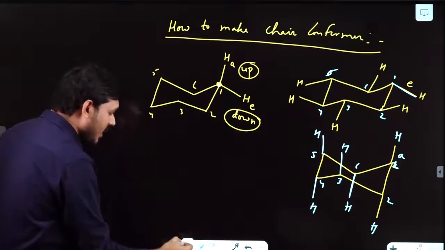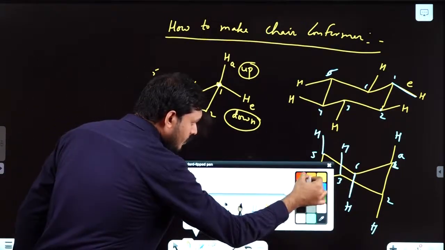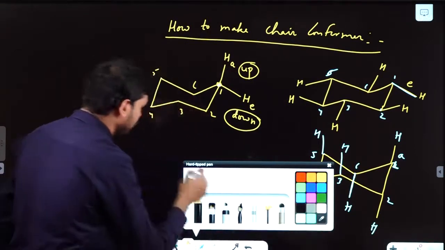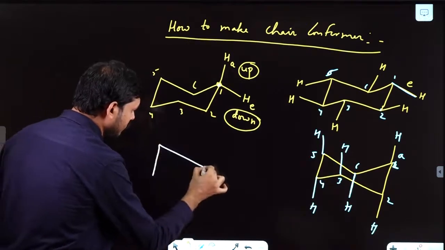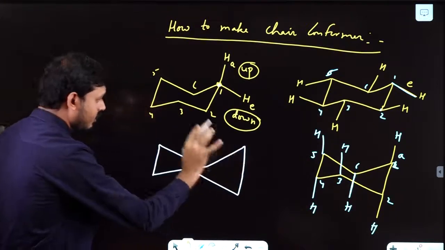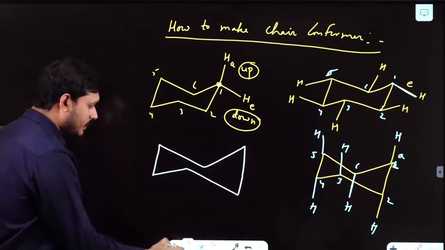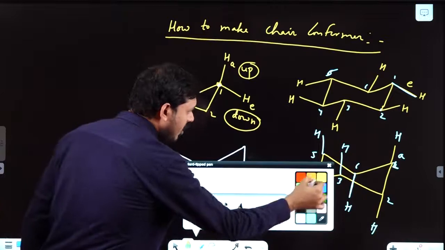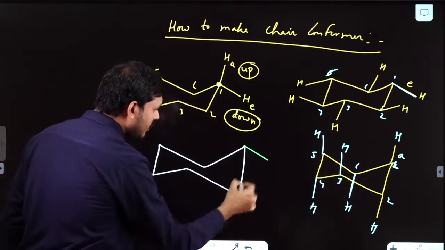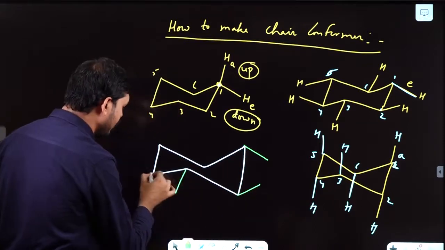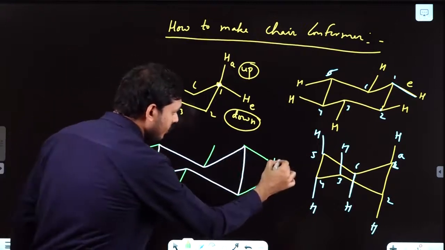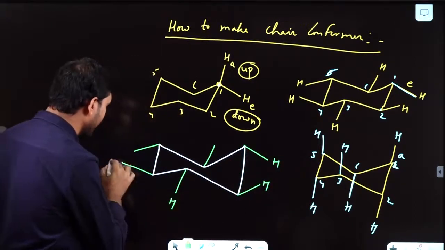Now understand it very carefully. Now look at it, a chair form. First of all, I will draw equatorial. Start from this one, down, up, down, up, down, up. These are all your equatorial hydrogen atoms.